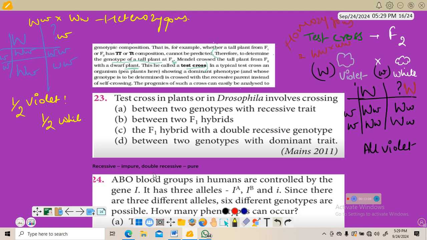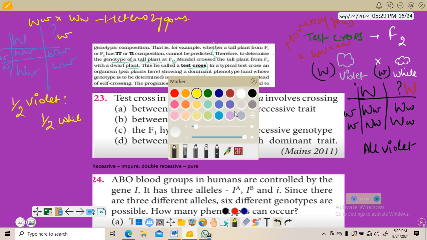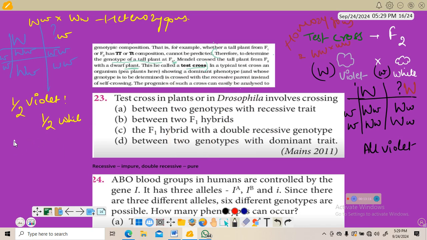Now let's say if I talk about back cross, that's another term. Back cross means mating a hybrid with one of its parents or genetically identical individuals. For example, capital T and this, so I'll get the F1 as capital T small t.